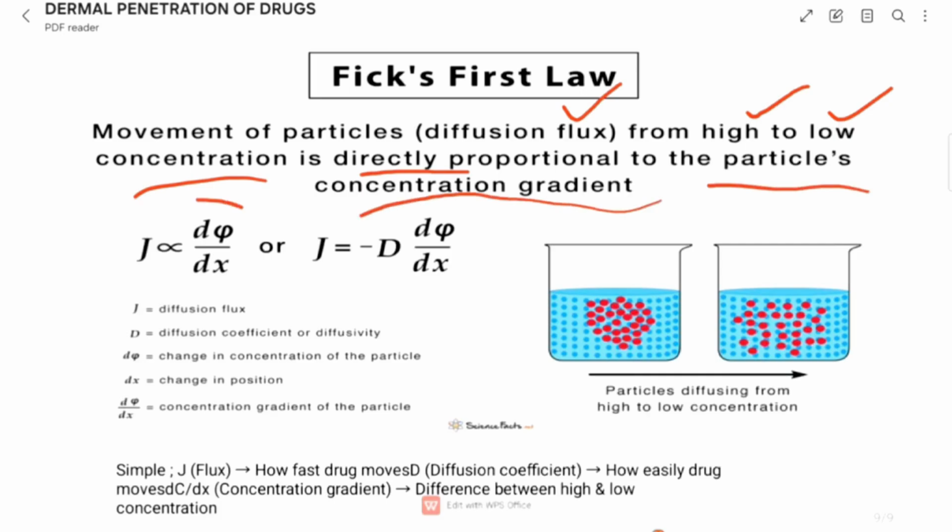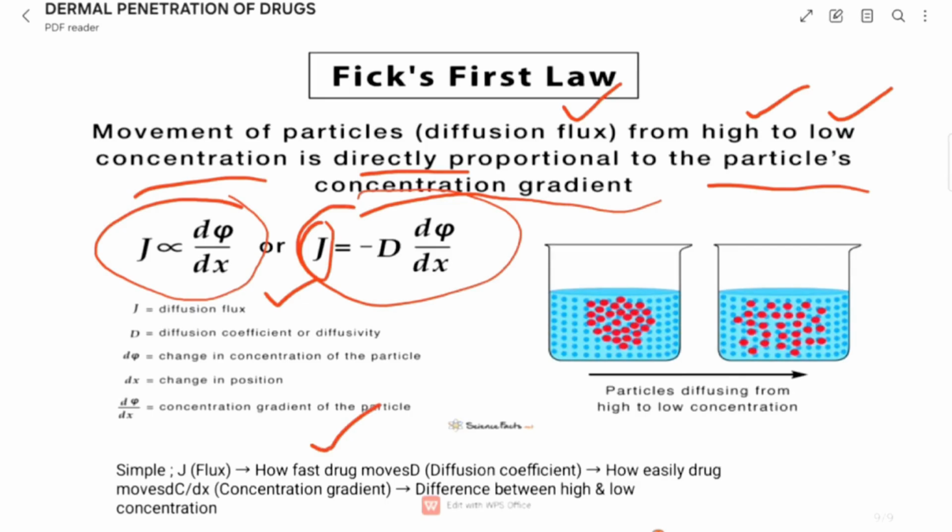So we can use this formula. Here J means the diffusion flux, which is how fast the drug is moving. Then D is the diffusion coefficient or diffusivity, that is how easily the drug moves.